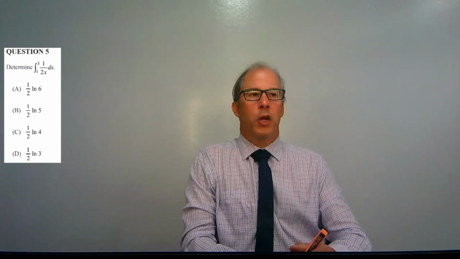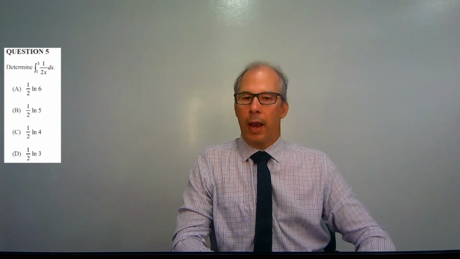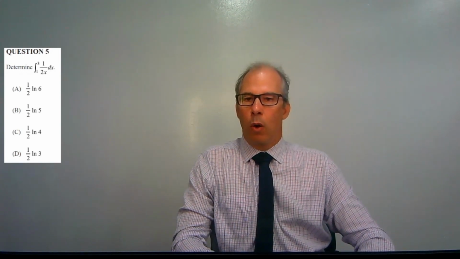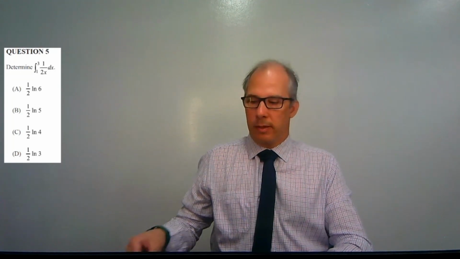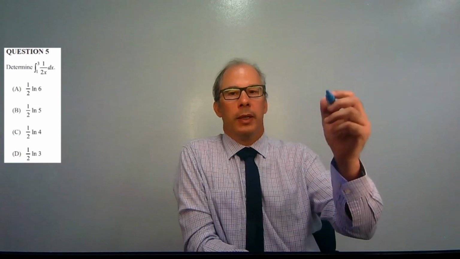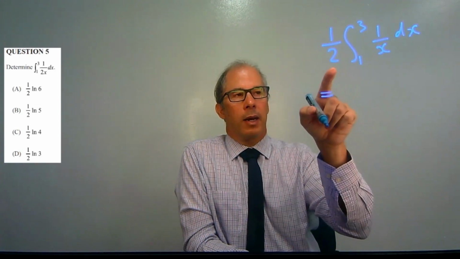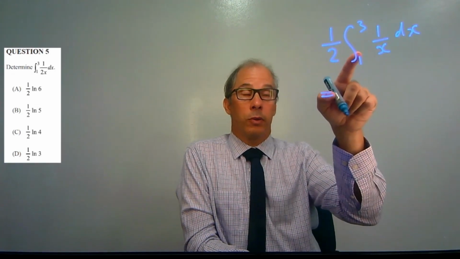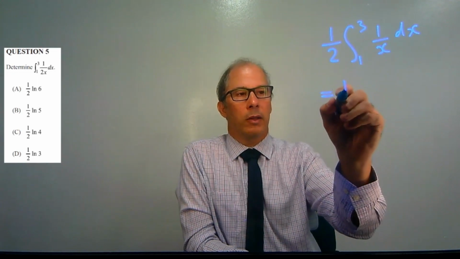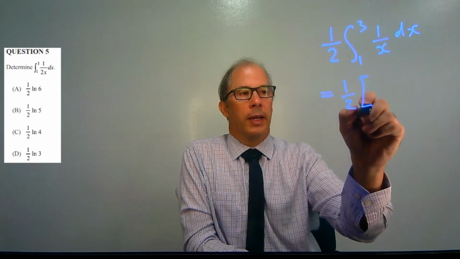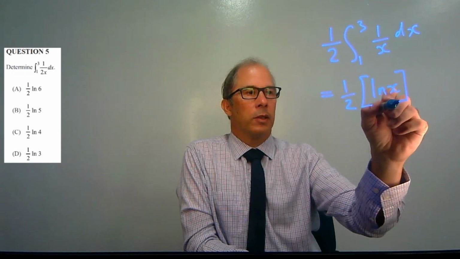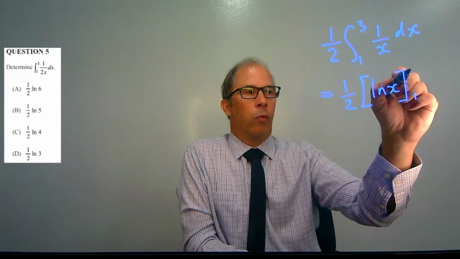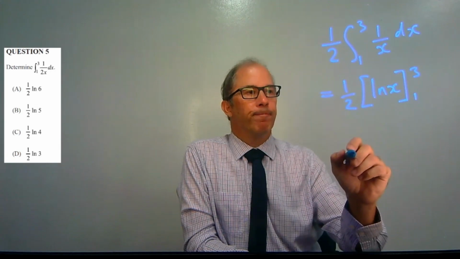Question 5. Determine the integral between 1 and 3 of 1 over 2x dx. So we've got a definite integral in this case here. Then I know that the integral of 1 on x is going to be ln x. So I'll leave my half out the front, and then I'm going to write in my ln x between my lower bound of 1 and upper bound of 3.